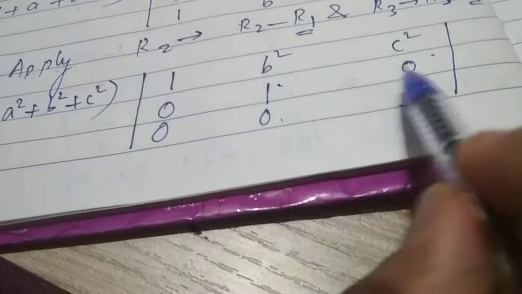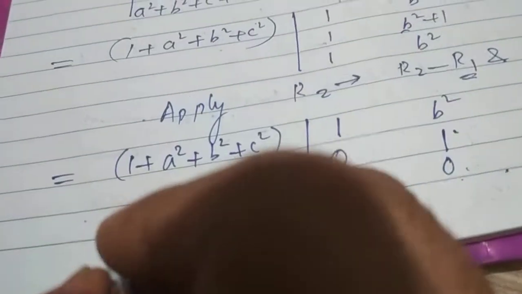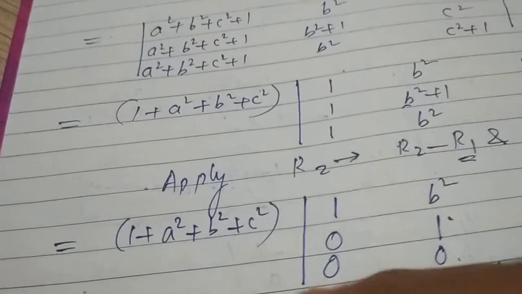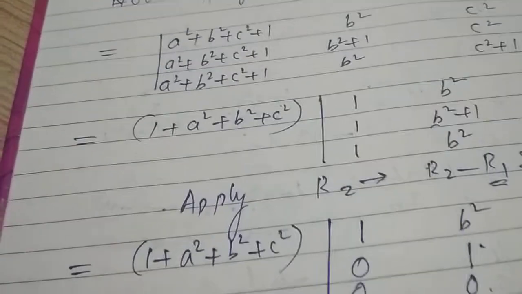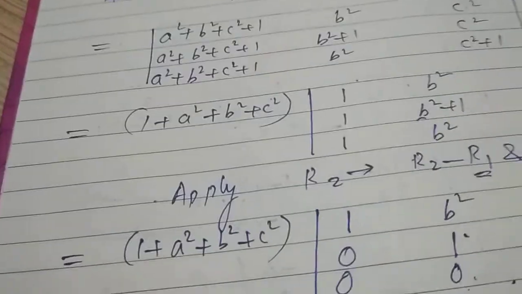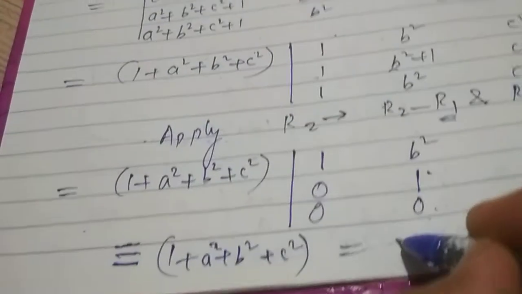Correct. So we have got a determinant in which, if we expand along the first column, we'll get a minor determinant 1 0, 0 1, and that is the identity matrix determinant. So it will yield 1 only. So definitely you'll get the answer as 1 plus a square plus b square plus c square. So this is how we have obtained the right hand side.